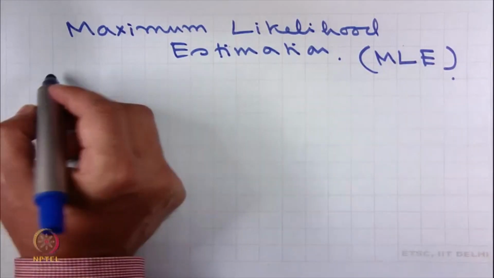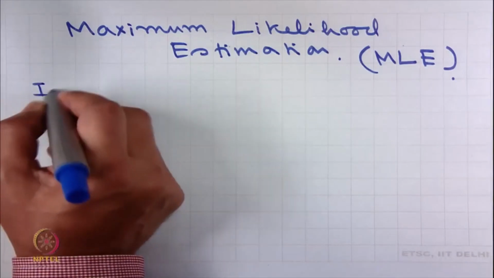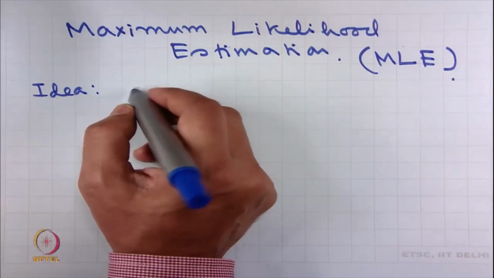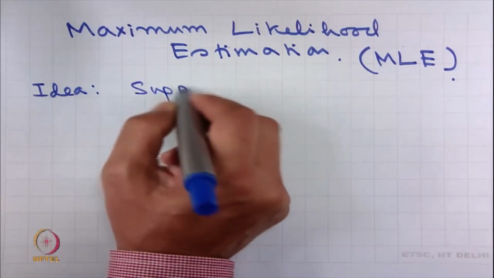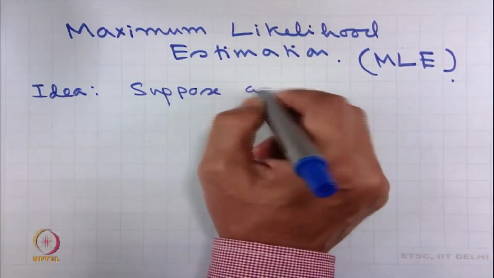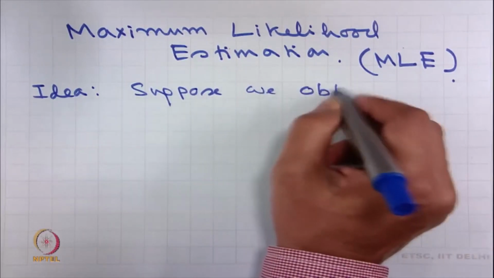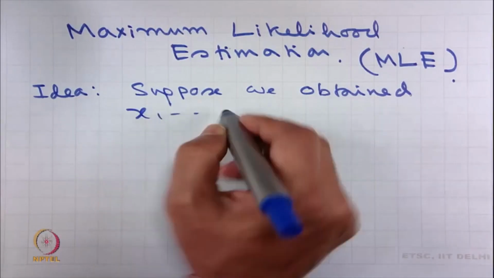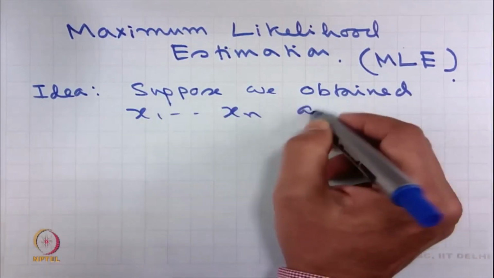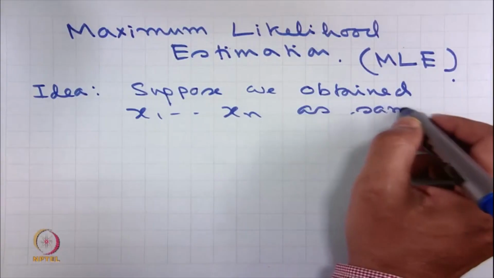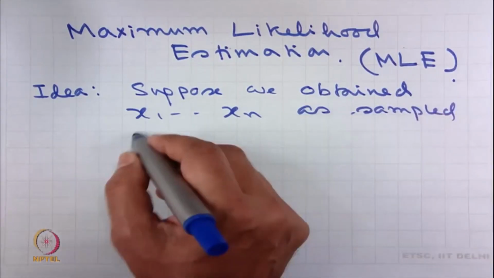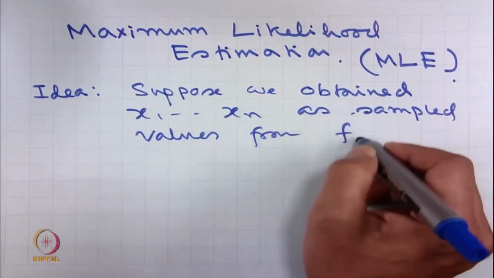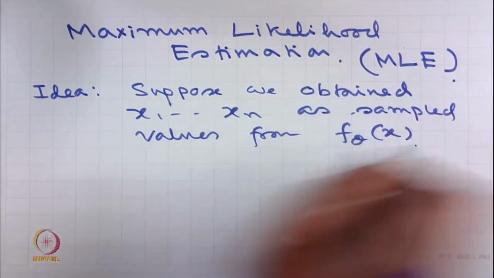The idea is as follows. Suppose we obtained x1, x2, xn as our sample values from f theta x.